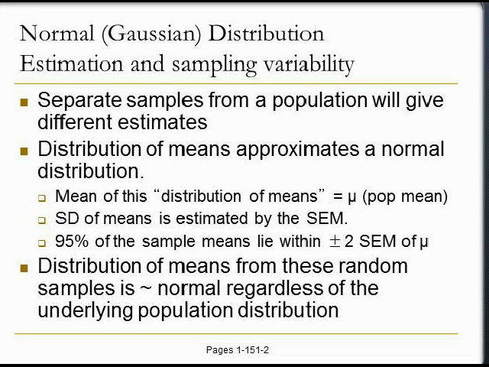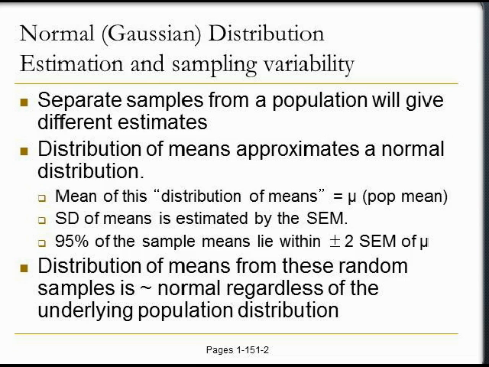Okay, so let's talk a little bit about estimation and sampling variability that exists as part of a normal distribution. The distribution of means approximates a normal distribution.